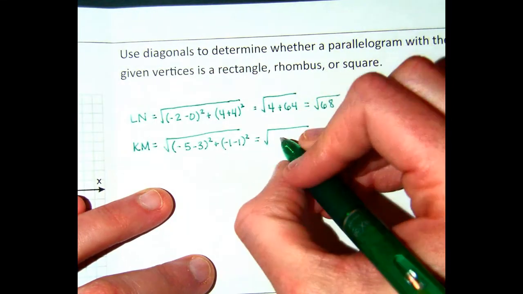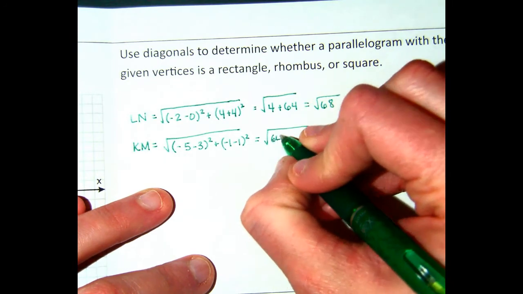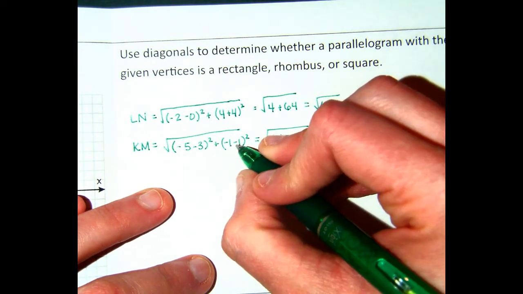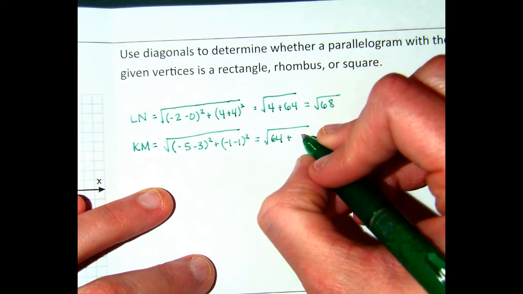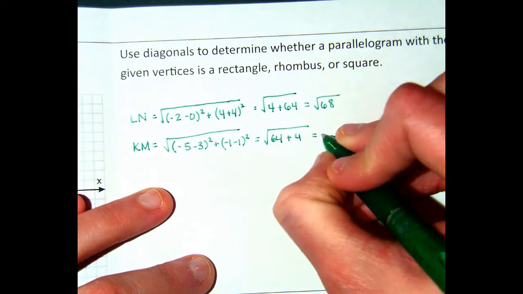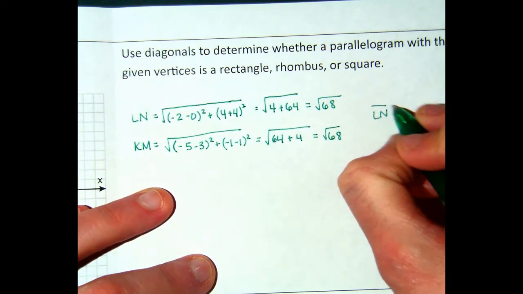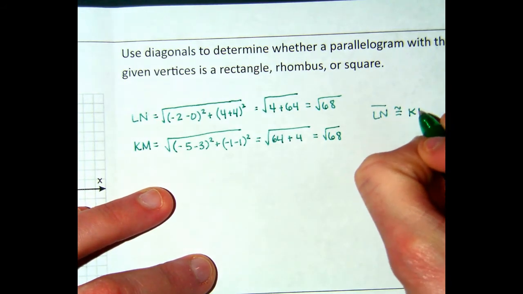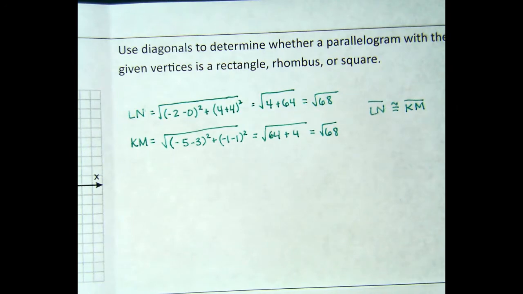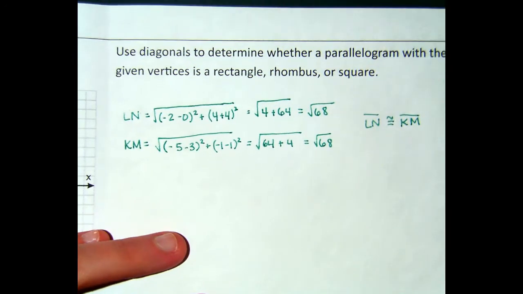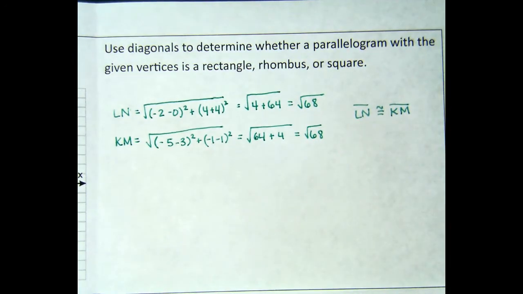We have a -8, and -8 squared is 64. Plus -1 minus 1 is -2, and that squared is 4. So we did get square root of 68, which means LN is congruent to KM, which means this is a rectangle, but we need to keep going to see if it is also a square.